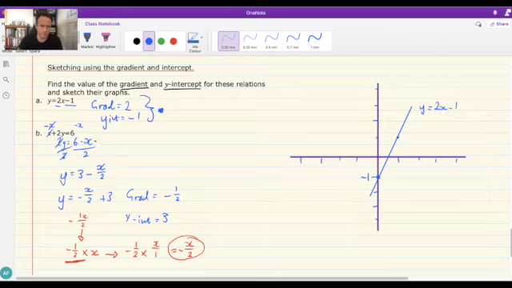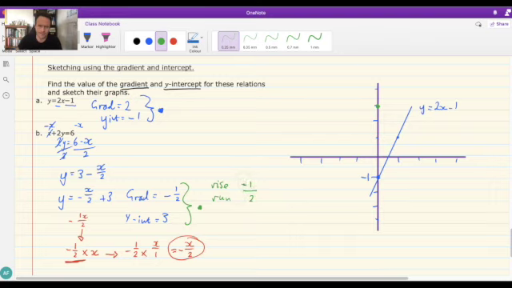All right, our next one, let's do that in green so it stands out a bit. We've got a gradient of -1/2 and a y-intercept of 3. So y-intercept of 3 is up there. And then -1/2 just means that if it's rise over run, we can just go -1 over 2.